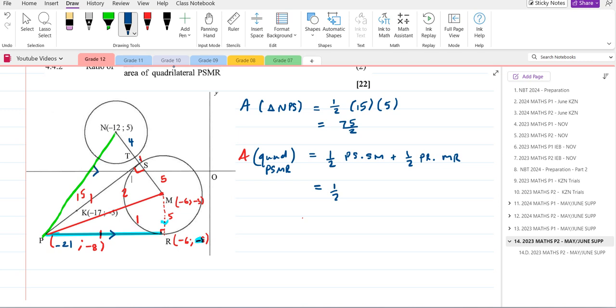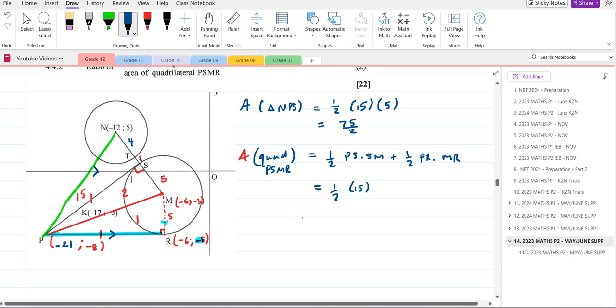PS is 15 and SM is 5, plus half PR. PR is 15 as well, and MR is 5. So that's just going to give me 75 over 2 plus 75 over 2. It's just going to give me 75.